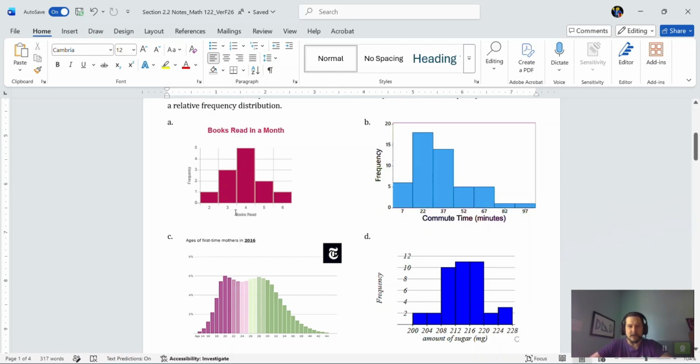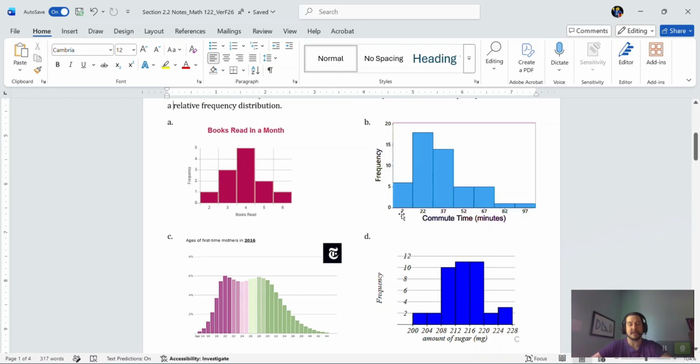And then what I want to point out is that the numbers on both the horizontal axes for these two histograms happen to be class midpoints. And the reason why we would know that is because they're labeled dead center of each vertical bar. So we have 7, we have 22, 37, and we could actually infer the class width based on this. You can just subtract two consecutive class midpoints.